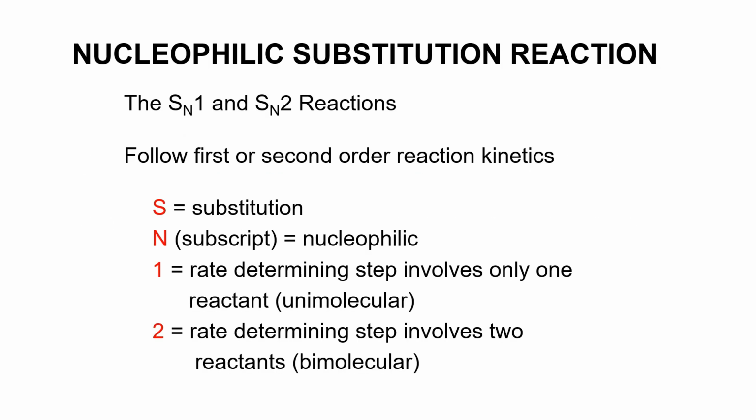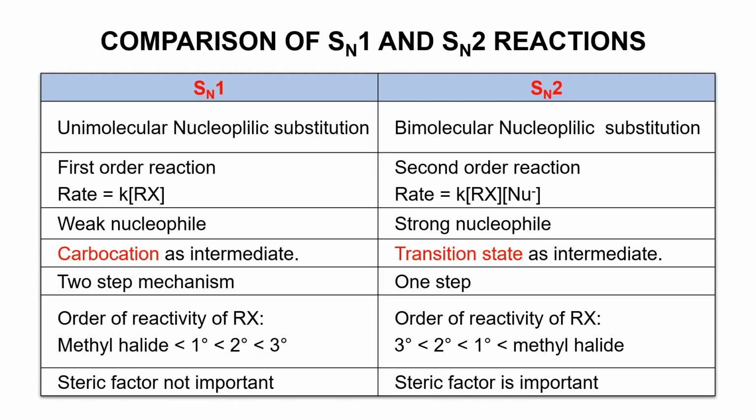The SN1 and SN2 reactions follow first or second order reaction kinetics. S stands for substitution, N subscript for nucleophilic, 1 referring to a rate determining step involving only one reactant, while 2 refers to a rate determining step involving two reactants.